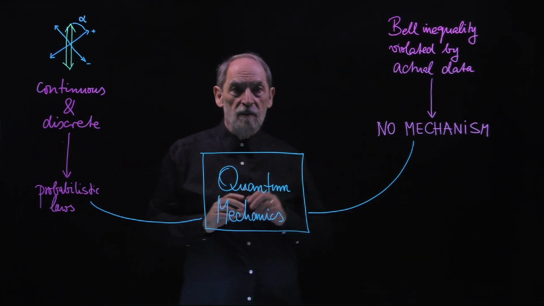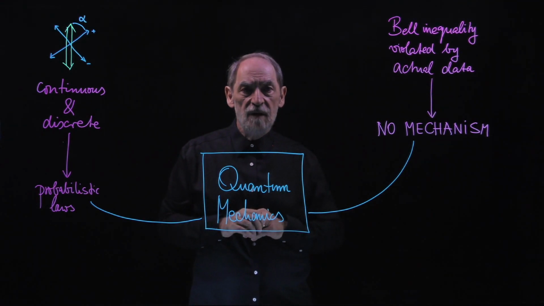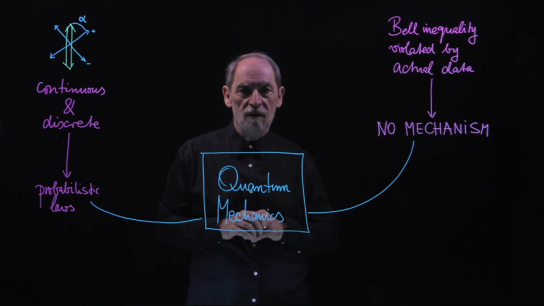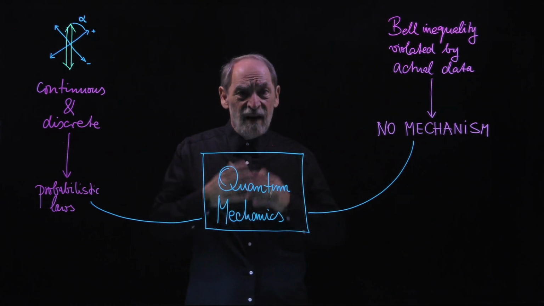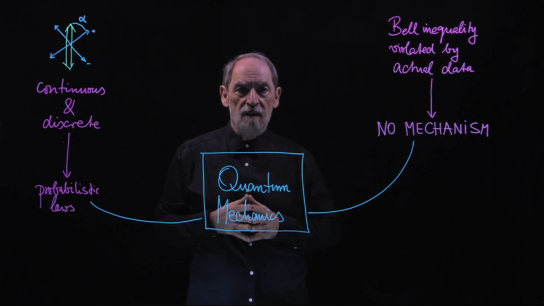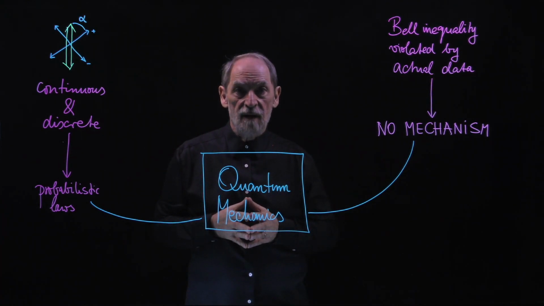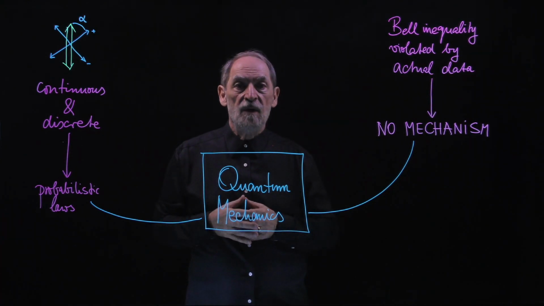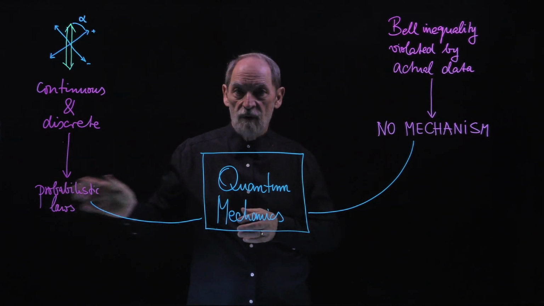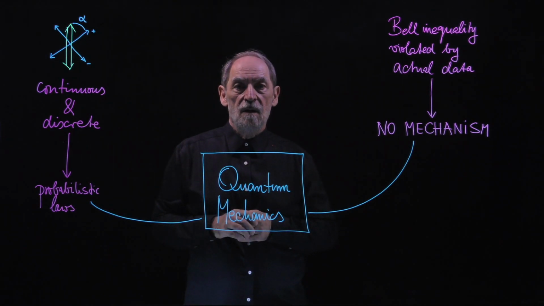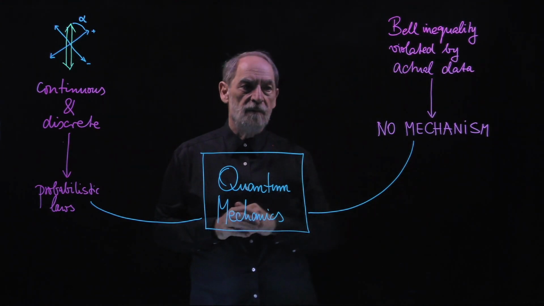Now we could wonder whether these probabilities are just an indication of a lack of understanding. Perhaps there is a hidden mechanism that determines what the next photon does, but we don't know the mechanism, and therefore we are just guessing, and this is where the probabilities enter. If we follow this line of thought, we end up with the Bell inequality.